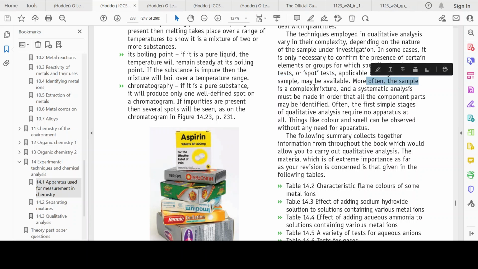More often, the sample is a complex mixture and a systematic analysis must be made in order that all the component parts may be identified. Often, the first simple stages of qualitative analysis require no apparatus at all. Things like color and smell can be observed without any need for apparatus.